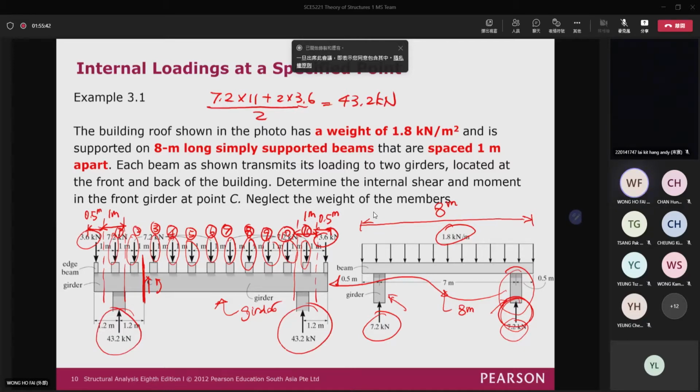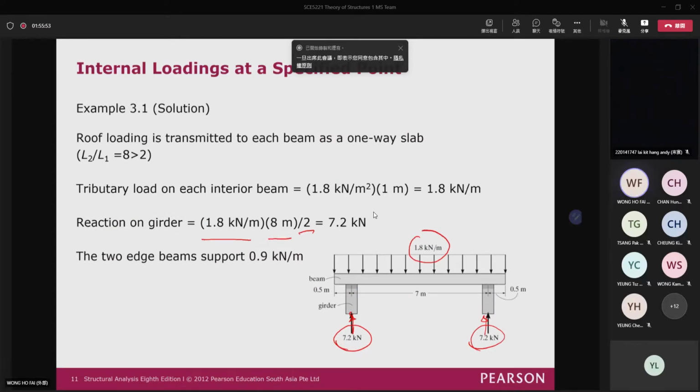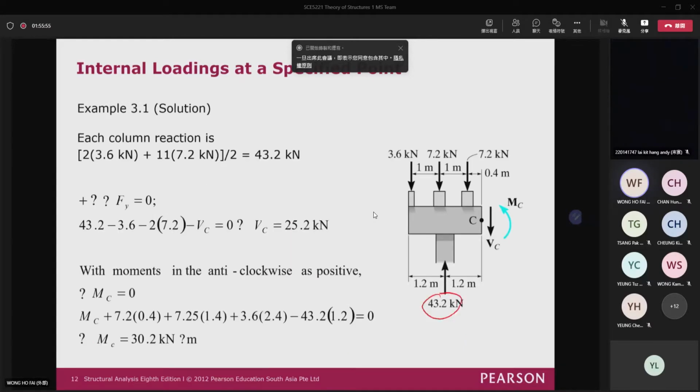To find the shear and the moment at this location, you just cut a section here and use equilibrium equations. Here you have 33.2 kN, and you cut a section here, and we try to find the shear force and the moment. But remember, when you cut the section, always draw your shear force and bending moment in their positive direction.